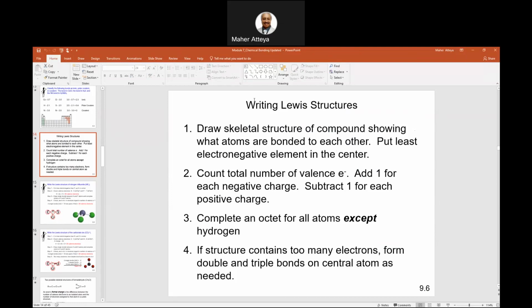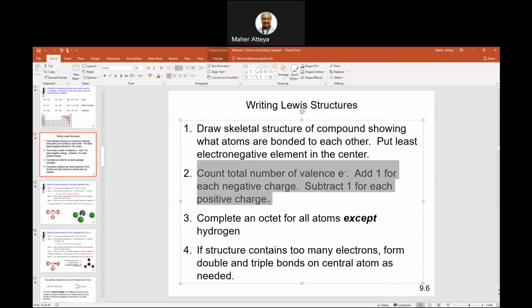The main thing in a Lewis dot structure is the valence electrons. I have a compound. First, I have to know the total valence electrons of all the atoms involved inside this compound, correct? And this is the total here.